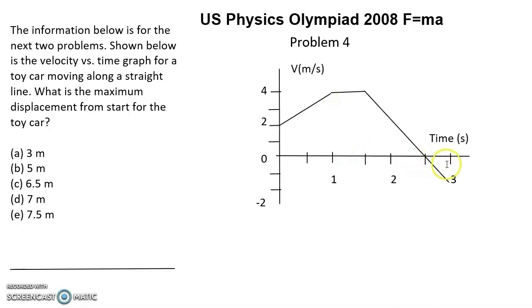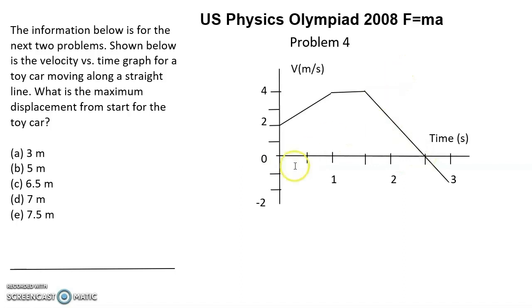If velocity is negative, area is negative. So if we want to find the maximum displacement, we need to move till velocity is positive. So we will move till 2.5 seconds, and we have to find the area under this graph from 0 to 2.5 seconds.